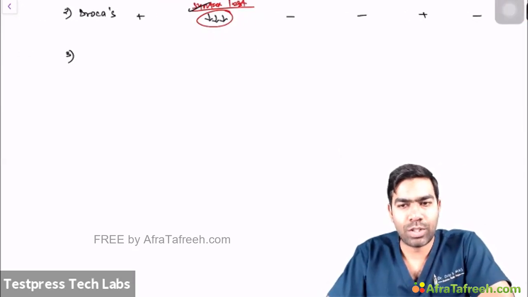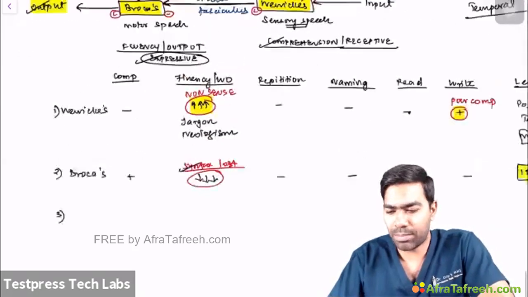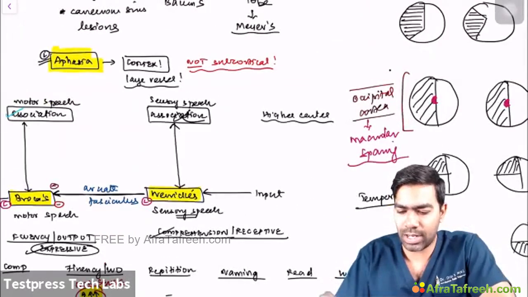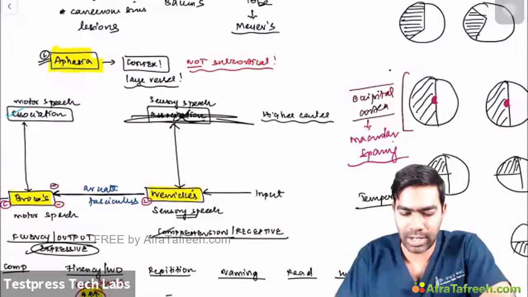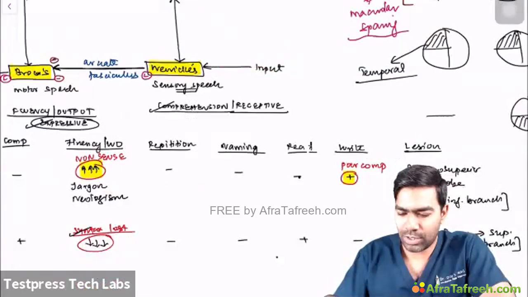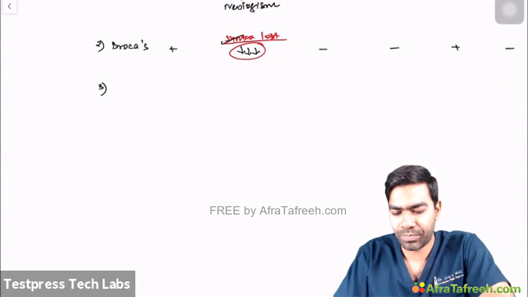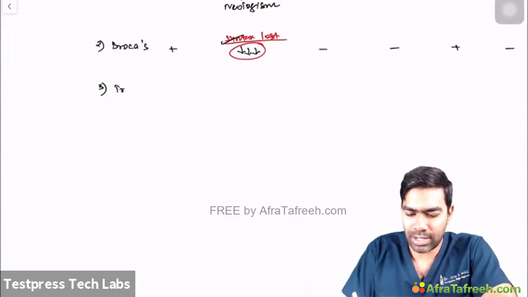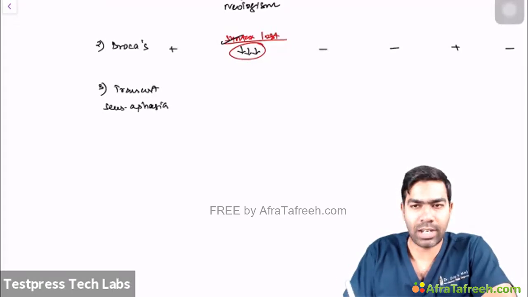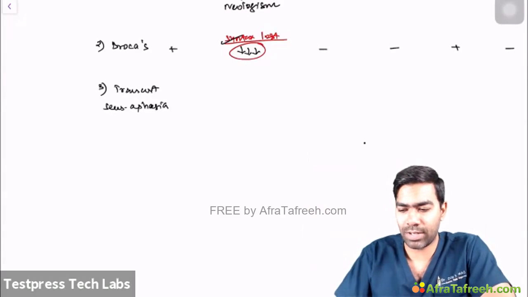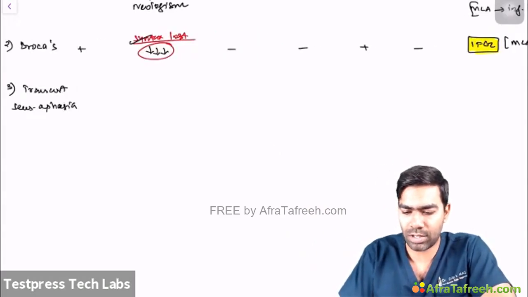Fine. Now let us assume your association areas are taking a hit. Whenever the sensory speech association area is damaged, that's called a transcortical sensory aphasia, which means the association area that communicates with Wernicke's area is lost.